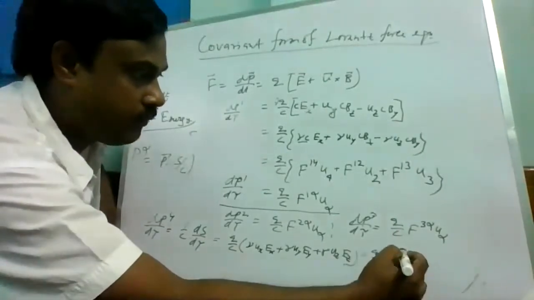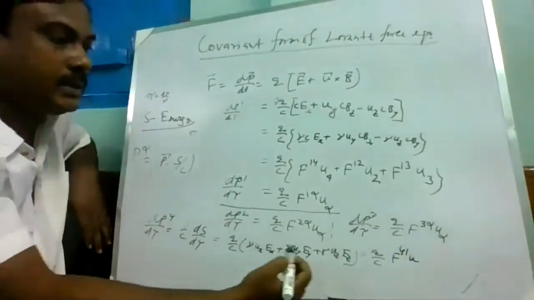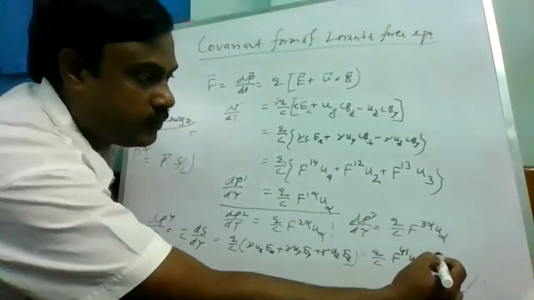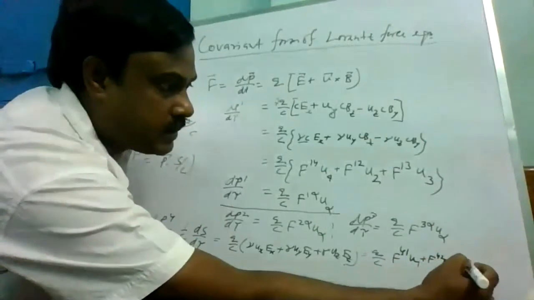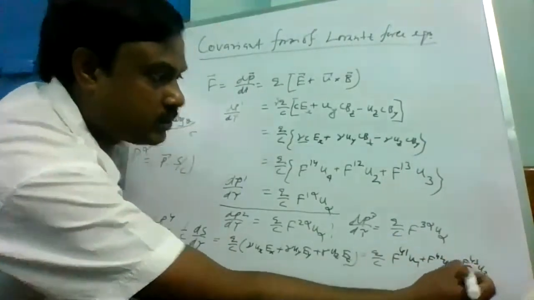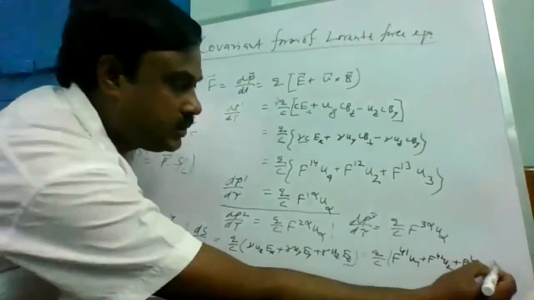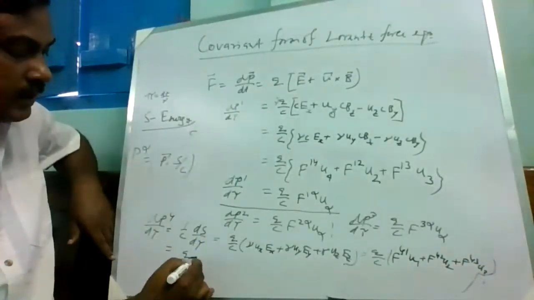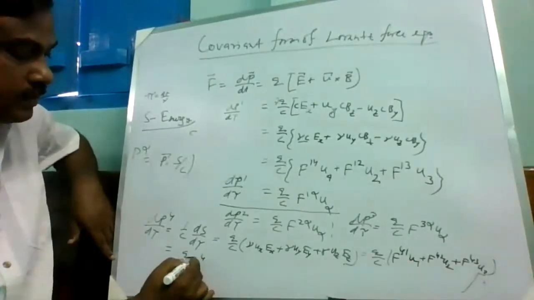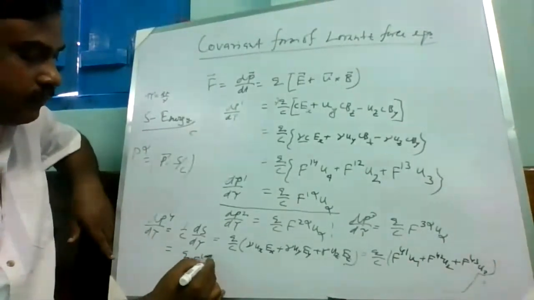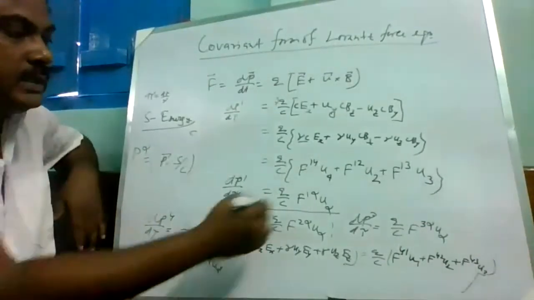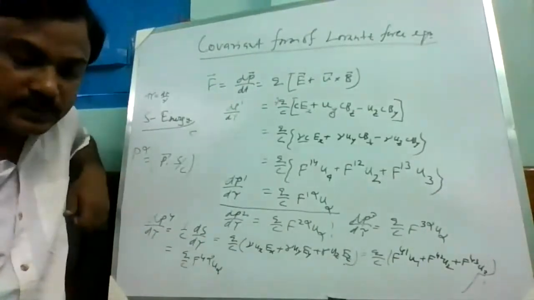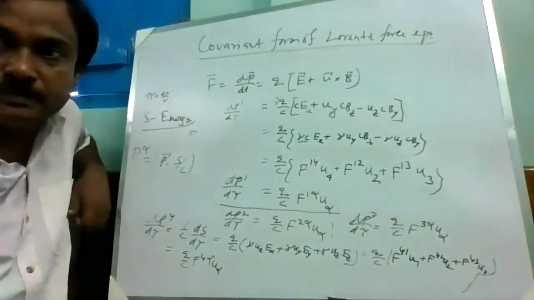Sorry, it will be f41 because double negative will imply positive. u1 plus f42 u2 plus f43 u3, right? So in fact this can be written as q by c f4 alpha u alpha. So it is in the same line.